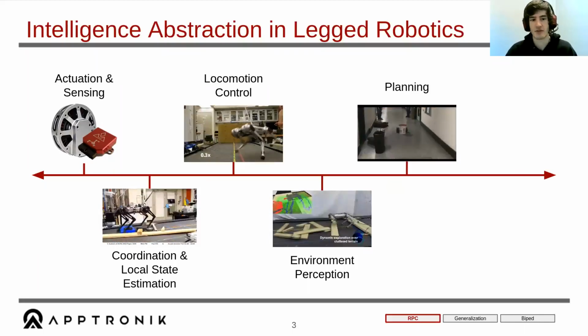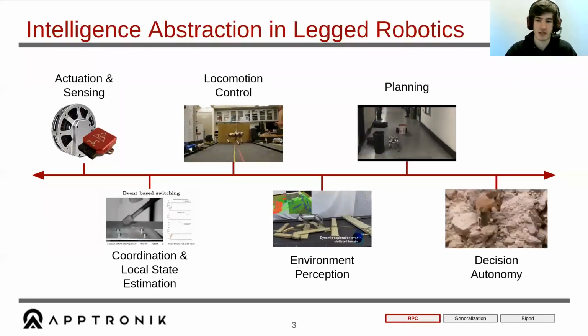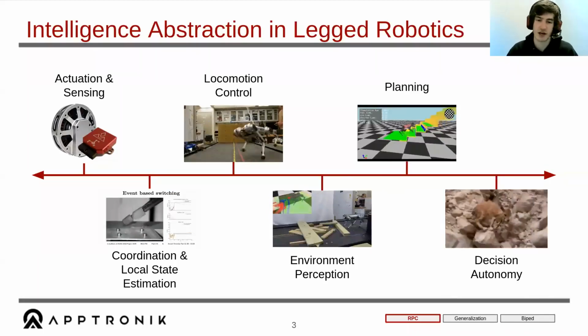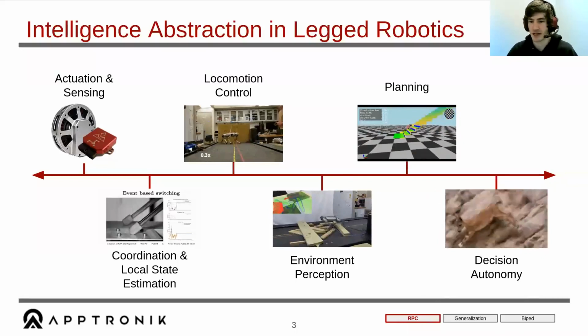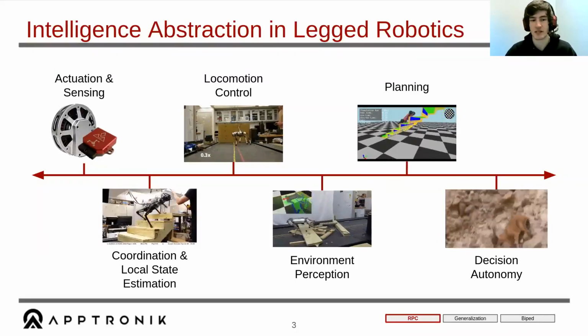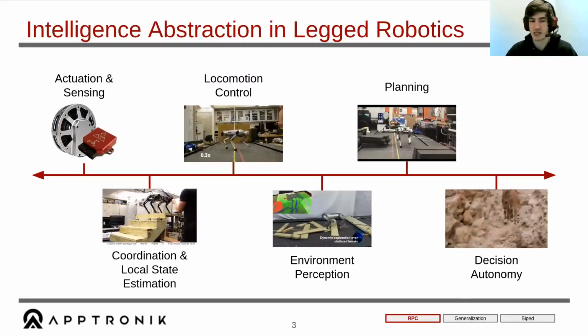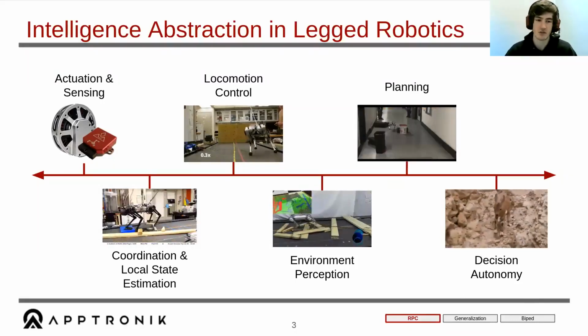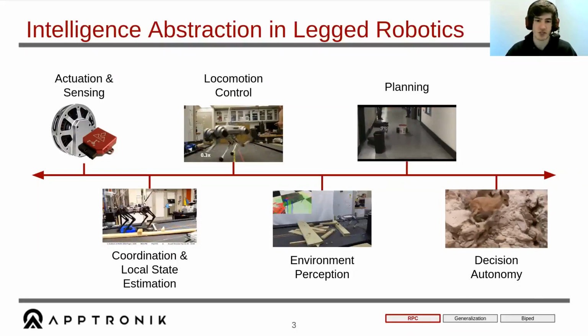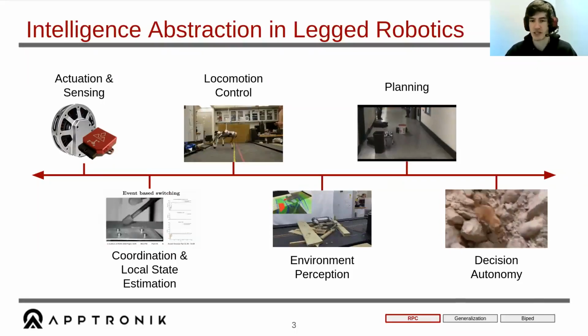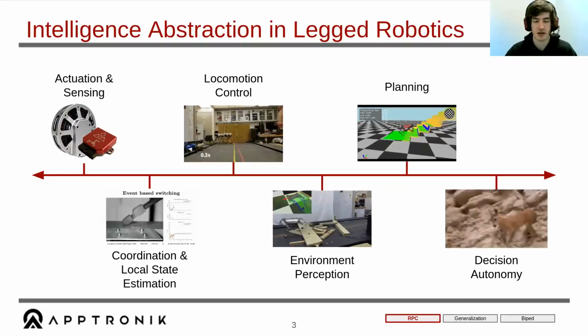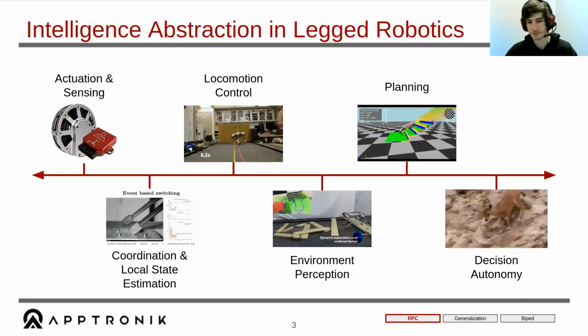If you're able to do all of that, the holy grail, in my opinion, is decision autonomy. I don't have a good robot video for that because I personally have not implemented it, and I don't know of any robots that are able to completely decide what tasks they need to do, get there, and perceive them in a completely autonomous way without any kind of supervision.